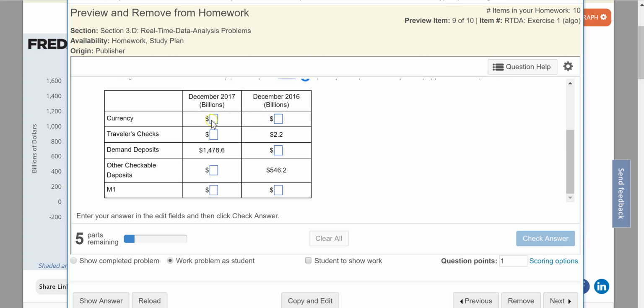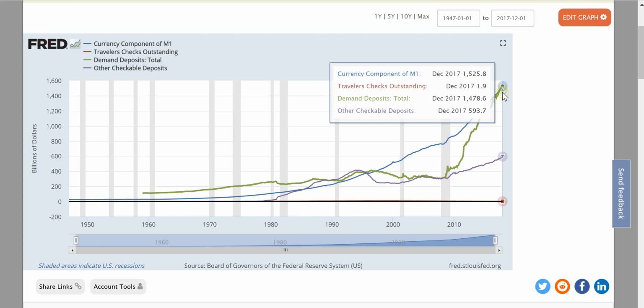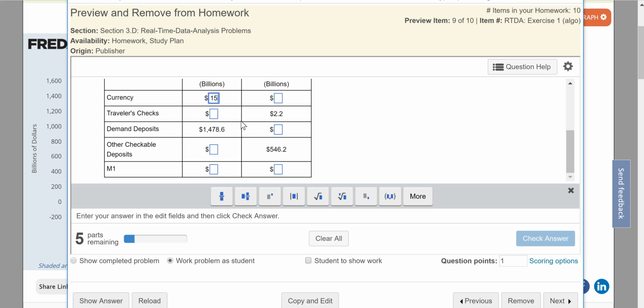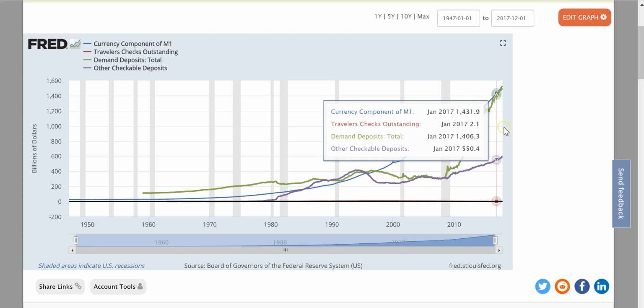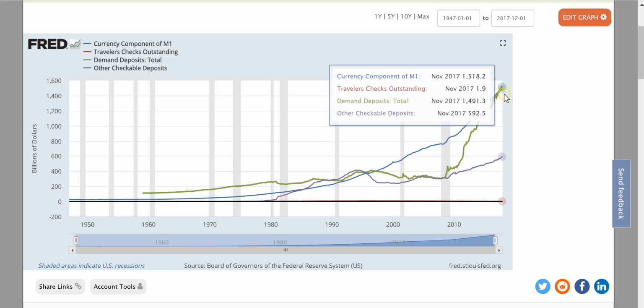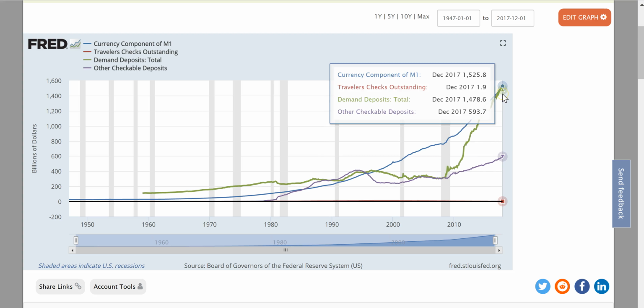In December 2017, just put the mouse in December. The currency is 1525.8. Sometimes this might be a little bit sensitive, so maybe we need to move a little bit slowly.